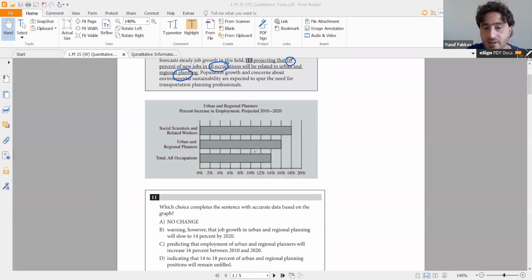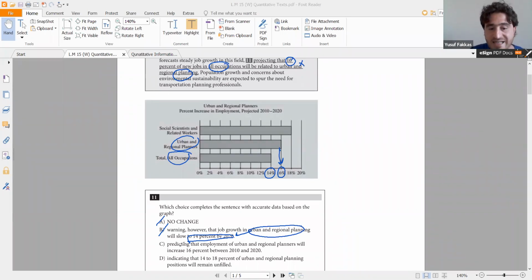That's confusing and it's not correct because if we look at all occupations, it's 14, not 16. A is wrong. B, warning, however, that job growth in urban and regional planning will slow to 14. So this is the urban and regional planning, and here they are giving us the 14%. Again, what is it? It's not 14, it's 16. So B is also wrong, right?